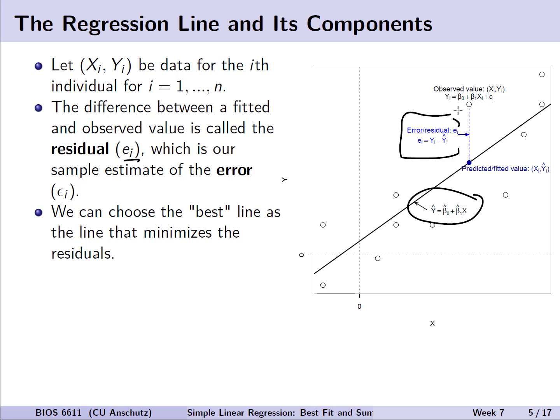Now we see specifically this dashed line here is that difference from that predicted or fitted value, y hat sub i at x sub i, to the observed actual value we have in our sample of just y sub i. And so if we think about this relationship a bit more, we can break down how these different summaries and different pieces come together to describe the regression line that we're going to derive in greater detail and describe in later slides.